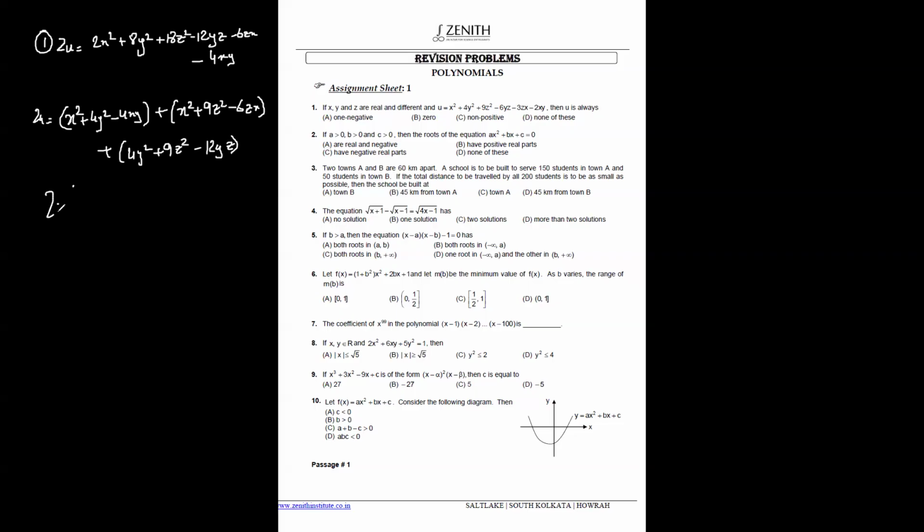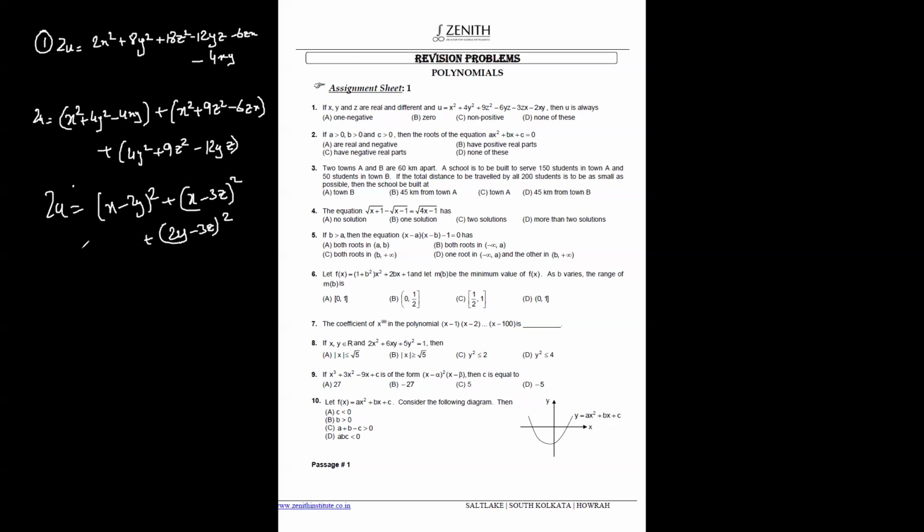So this would end up becoming x minus 2y whole square plus x minus 3z whole square plus 2y minus 3z whole square.